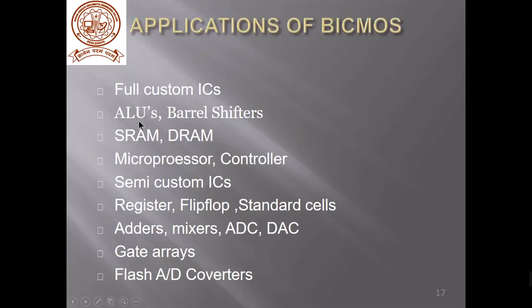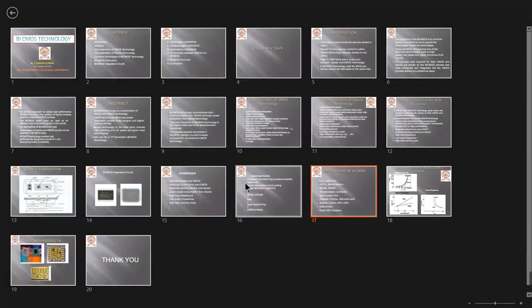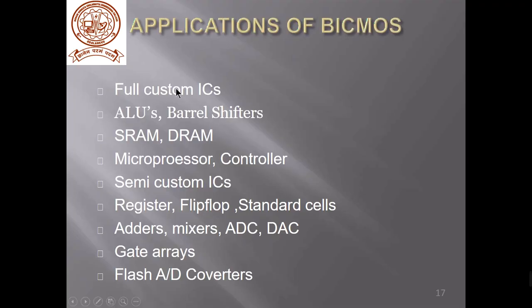Coming to the applications of BiCMOS transistors: full custom ICs, arithmetic logic units and barrel shifters, SRAM and DRAM, that is static RAM as well as DRAM, microprocessors and microcontrollers.